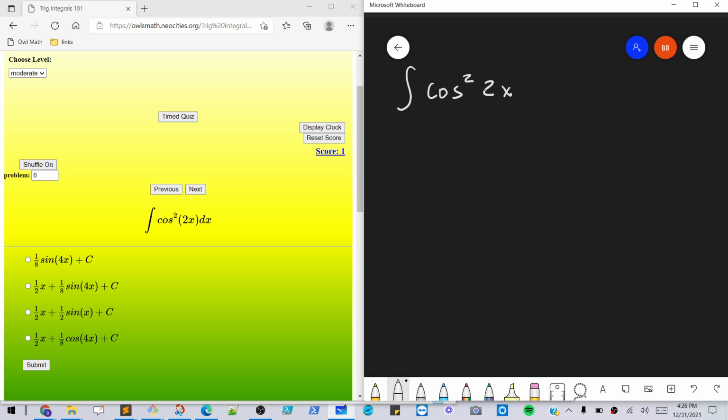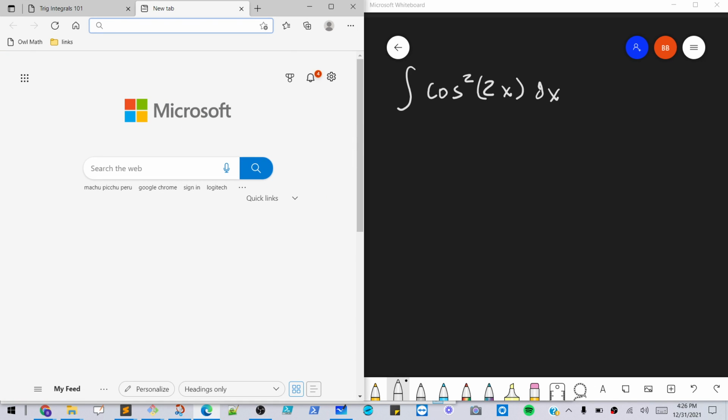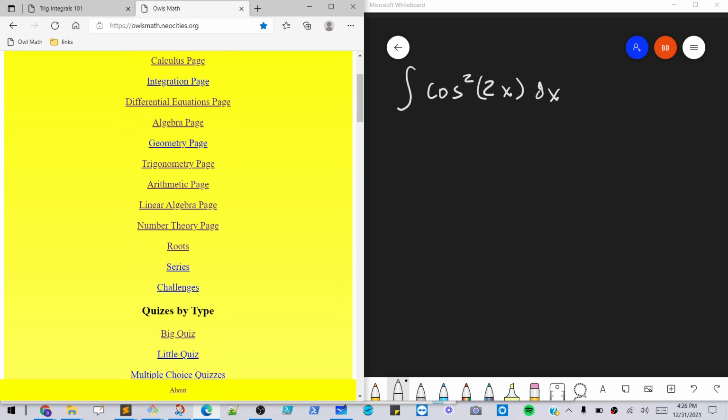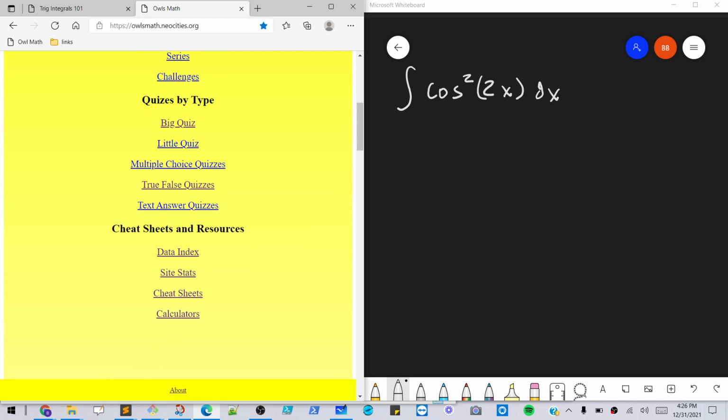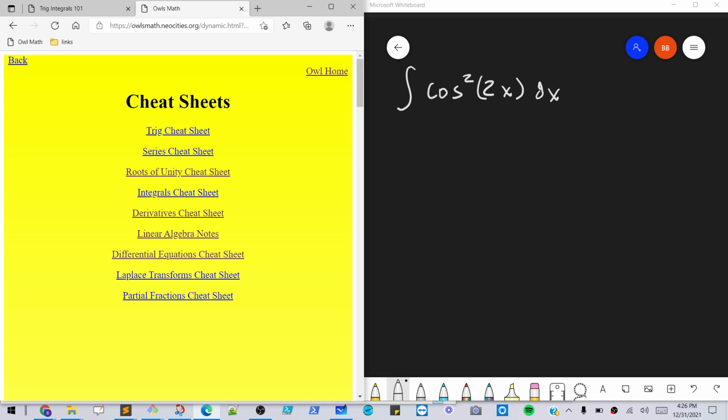Cosine squared of 2x dx. Okay, the important thing to know here is the double angle formula. What I like to do, while I'm working on this, is have a couple of cheat sheets.